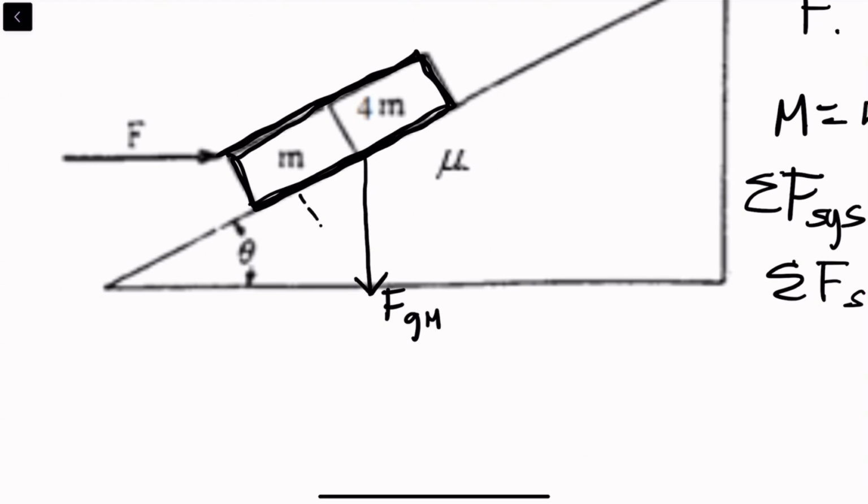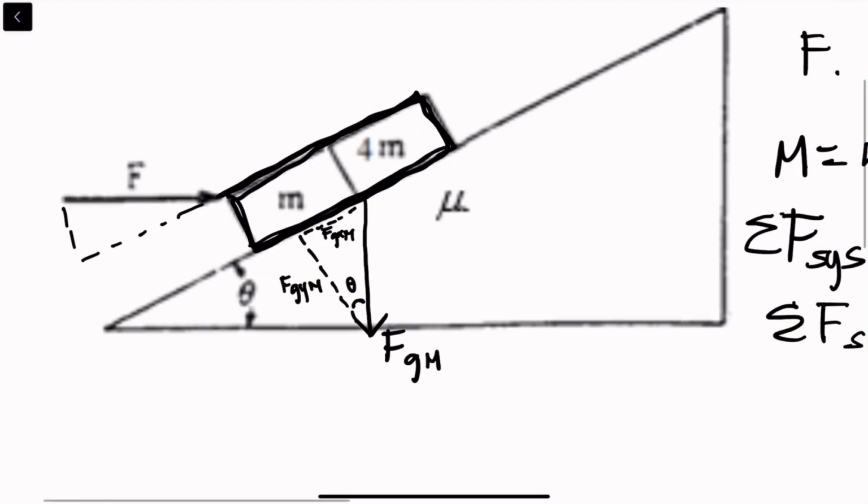We can go ahead and draw its components. And this angle theta, this is FGX of M, and this is FGY of M. This is Fx, and this is Fy.